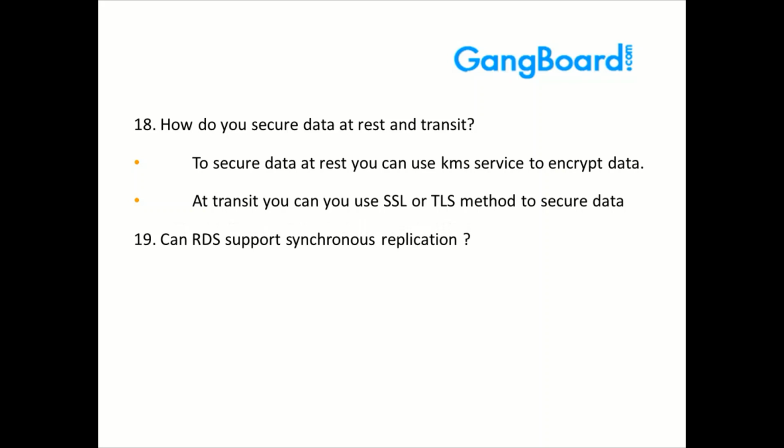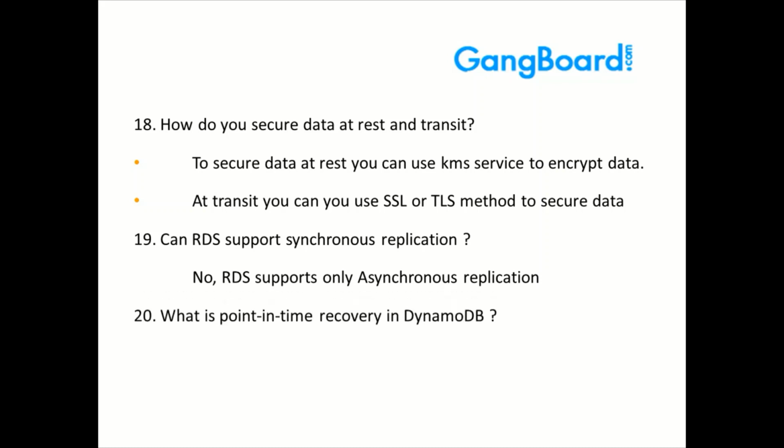Can RDS support synchronous replication? No. RDS supports only asynchronous replication because the databases available in RDS has only asynchronous replication mechanism. So by using that, they can perform only asynchronous replication.